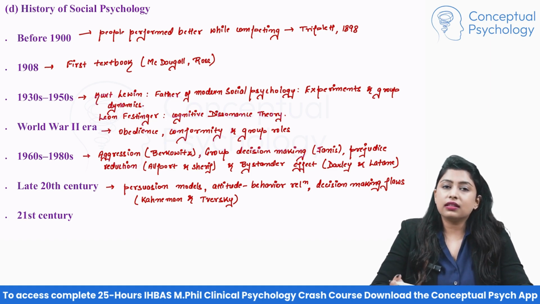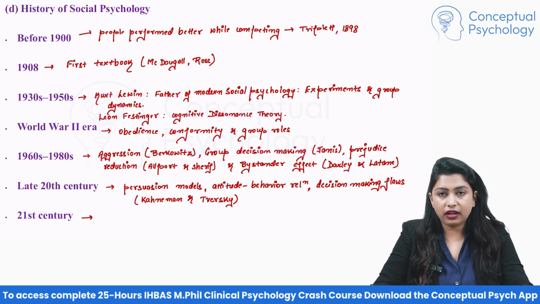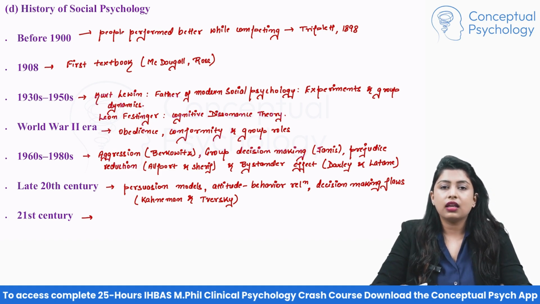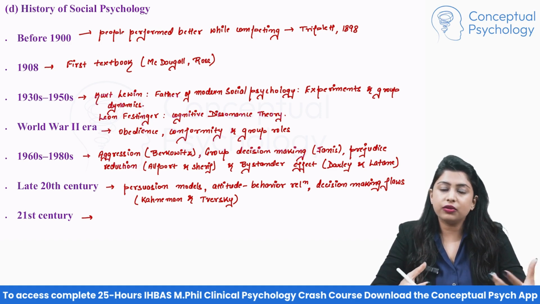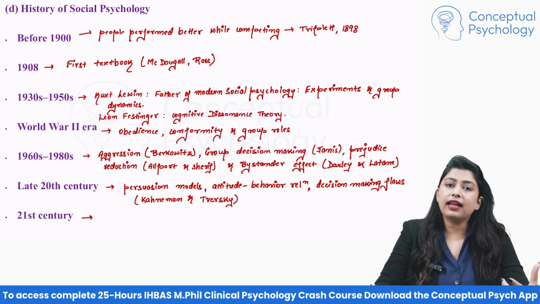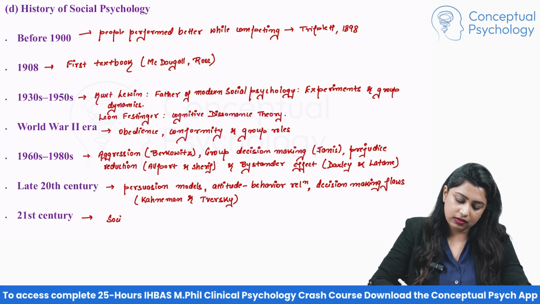The 21st century brings in new directions where you would study social neuroscience. You would also see how culture and evolution affect behavior, and how it affects health and happiness.